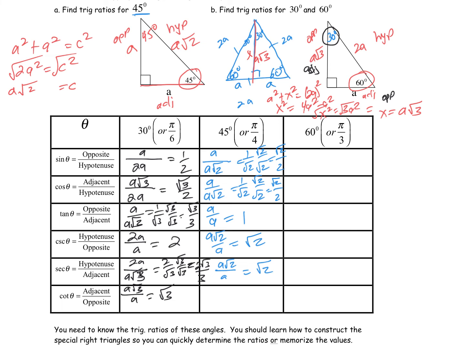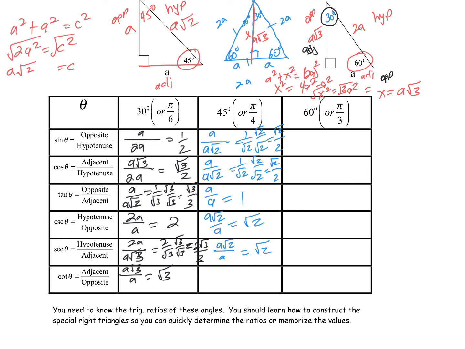And then the last one, cotangent theta, is the length of the adjacent side. So the adjacent side is length A over the opposite side, which is length A. So we have A over A, which is equal to 1, or you could also take the reciprocal of tangent theta. So the reciprocal of 1 is 1. All right, we're going to do the last set here.